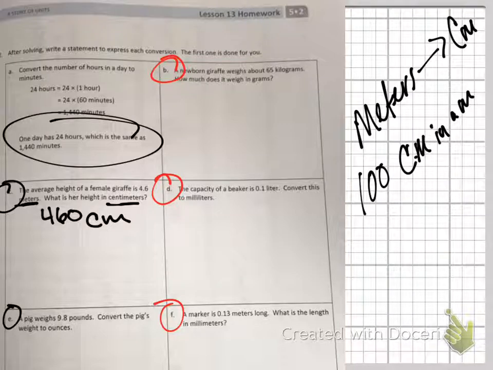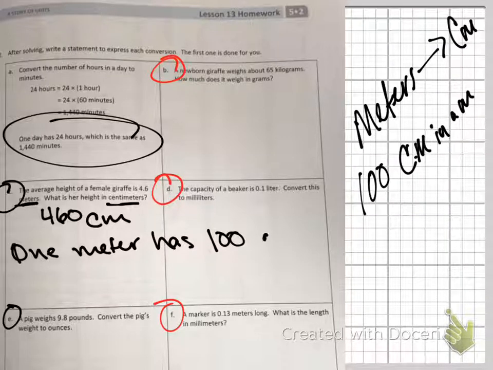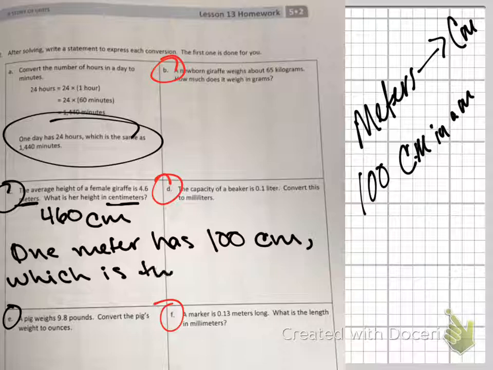So let's write that 1 meter has 100 centimeters, which is the same as 460 centimeters.